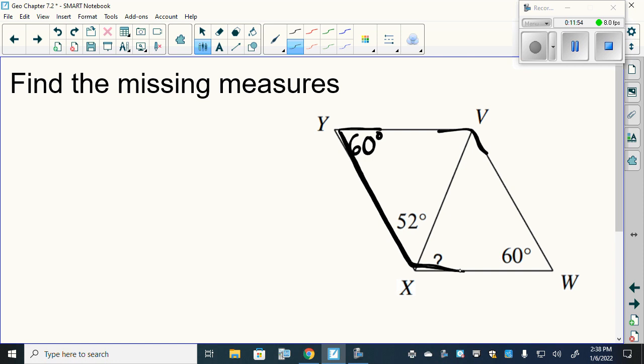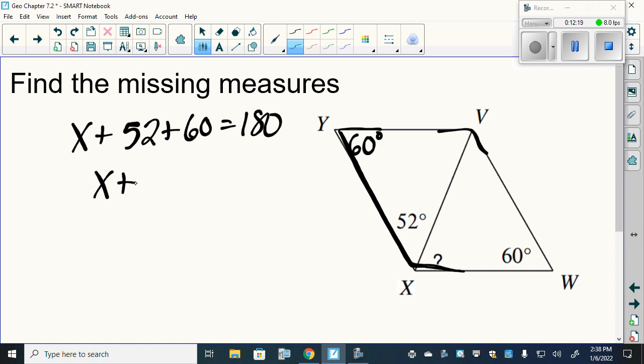Angle X and angle V are both split, they're cut. Now they're not bisected, they're not cut evenly, but we do know that our missing angle, we'll call it X, plus 52 plus 60 is equal to 180. So, really, focus up here.